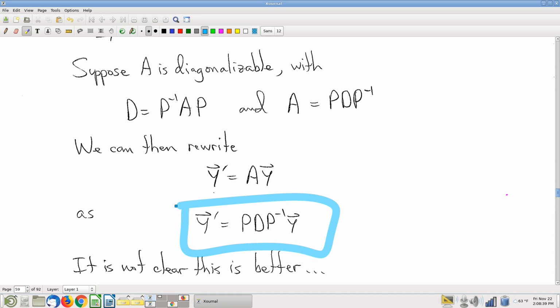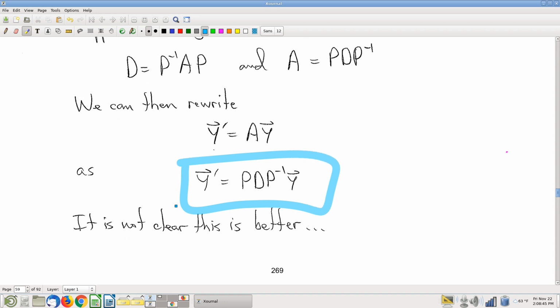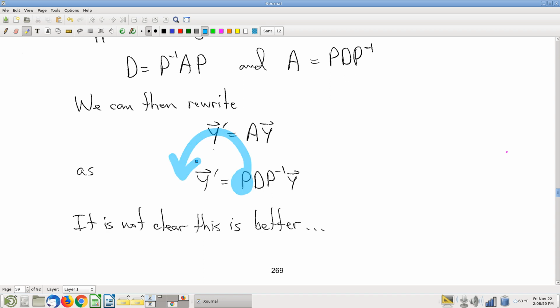Is that better? It's not clear how this is better, right? But okay, next I'm going to do a little bit of algebra. I'm going to take this P and move it over to the other side. Now, of course, you have to be careful. Can you really do that? Well, do remember P is invertible, and this little shortcut we like to think of as moving it to the other side is really multiplying on both sides of the equation, on the left, by P inverse.